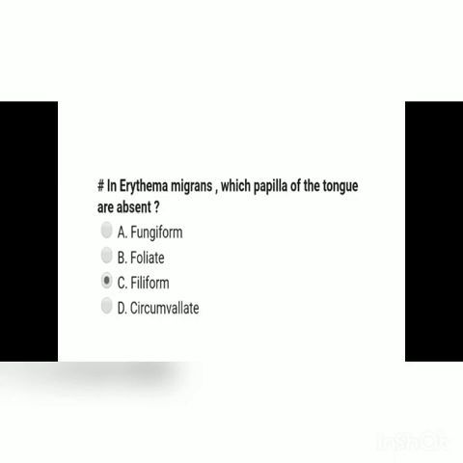Erythema migrans is also known as wandering rash of the tongue, geographic tongue, benign migratory glossitis. It is basically a psoriasiform mucositis of the dorsum of the tongue. The main characteristic is a constantly changing pattern of serpiginous white lines surrounding areas of smooth depapillated mucosa, and because of this changing appearance it is also called wandering rash of the tongue.